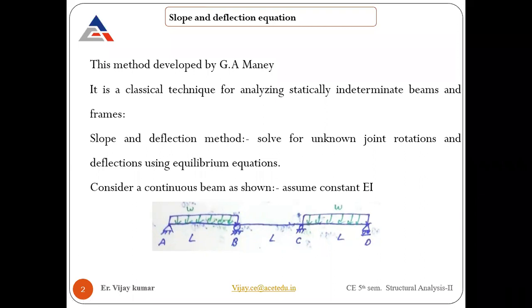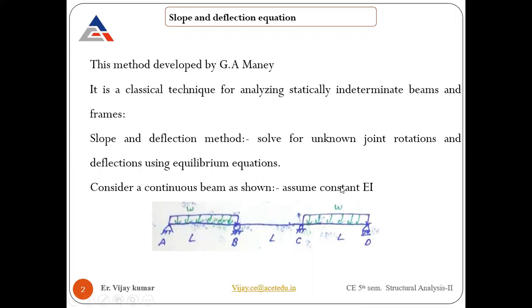By using those static equilibrium equations, we are going to calculate rotations and deflection. Rotation in the form of bending moment, and deflection and rotation both we are calculating in the form of loading and geometrical components. So let's see how to calculate it.